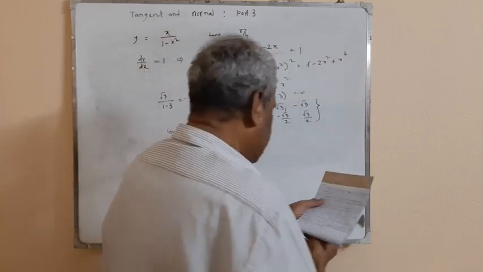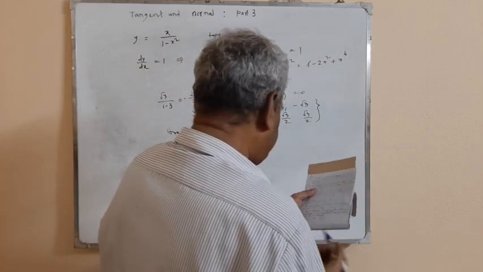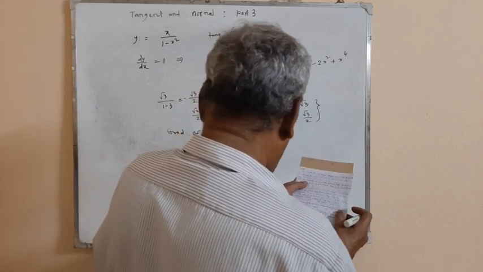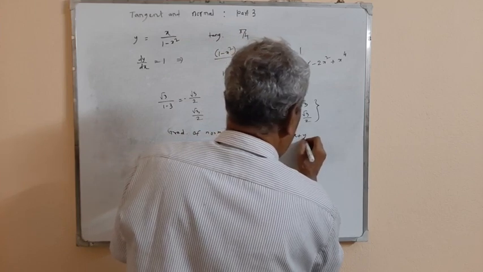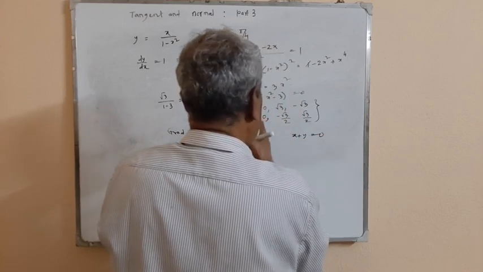And the results are number 1, x plus y is equal to 0 at the point 0, 0.